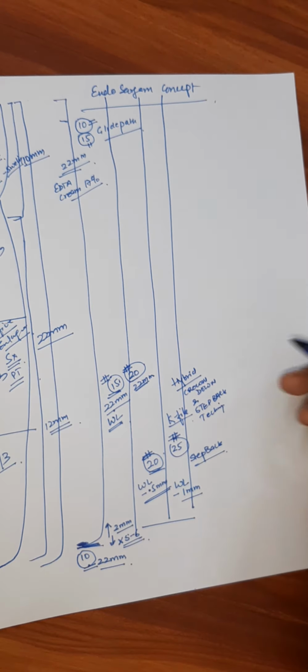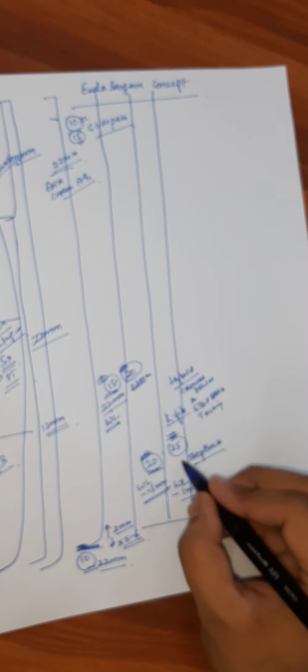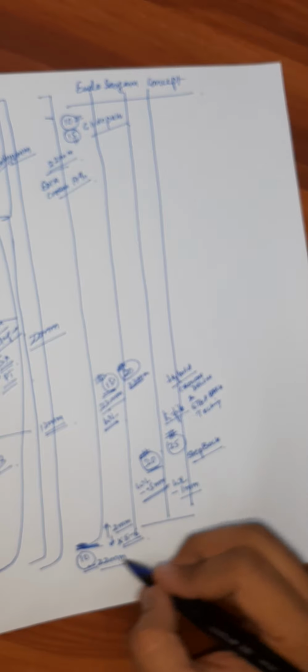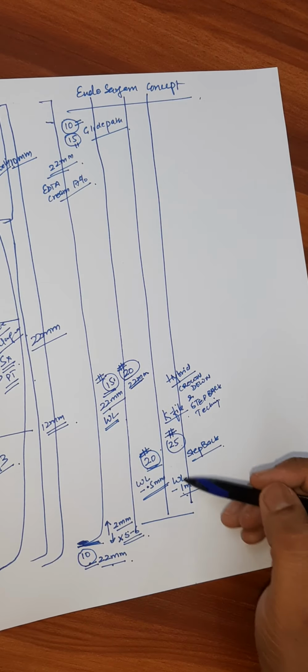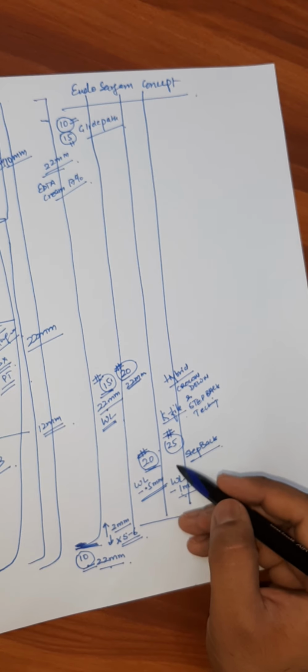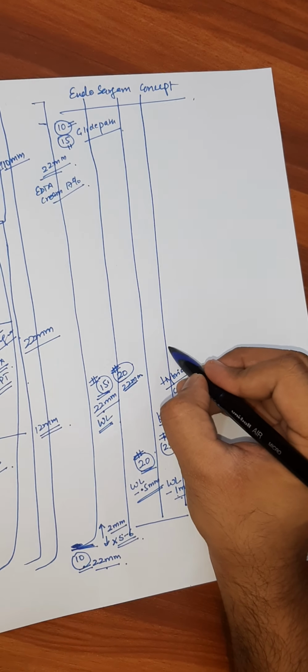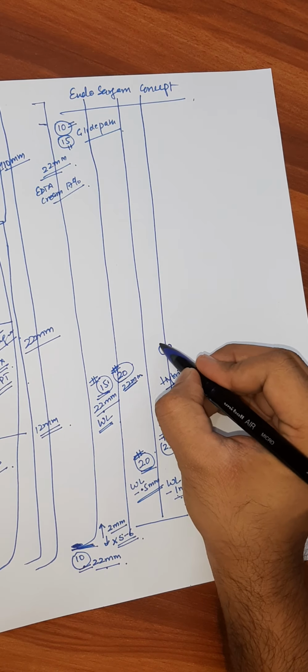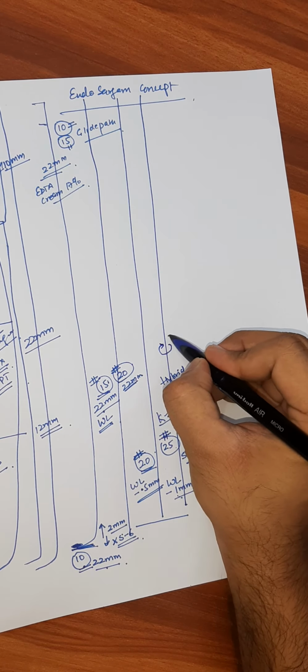So my working length is, let's say, 22 mm. My 25 number K file will reach 1 mm short. How do we ensure that the K file is making sufficient space for itself? We have to take a 360-degree turn, and bring out and remove the entire K file.